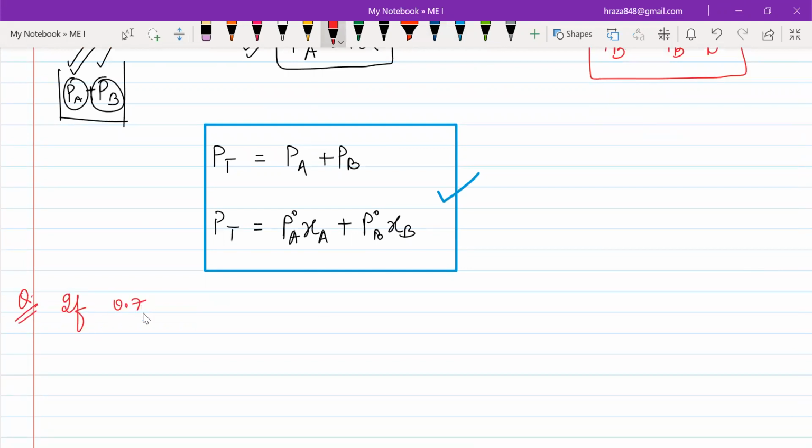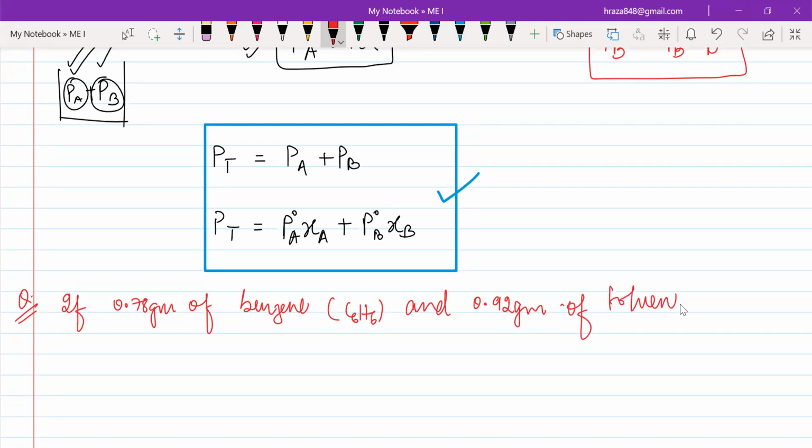If 0.78 gram of benzene, that means C6H6, and 0.92 gram of toluene, that means C6H5CH3, are mixed.